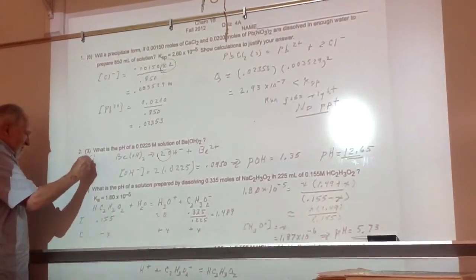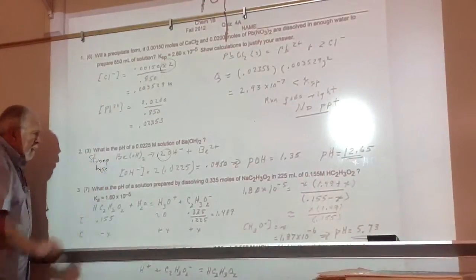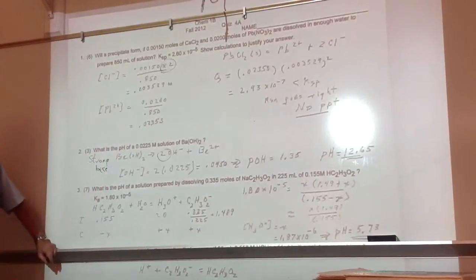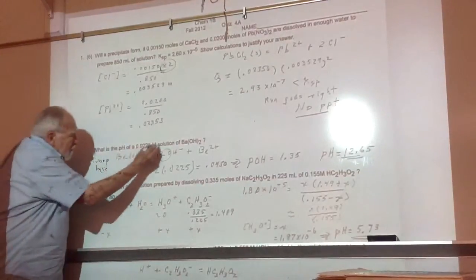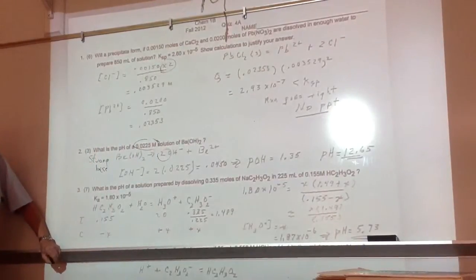Strong base. And again, problem with hydroxides, a lot of them are insoluble, but here's the clue again. I made a solution. I can't make a solution unless I could dissolve that much material.